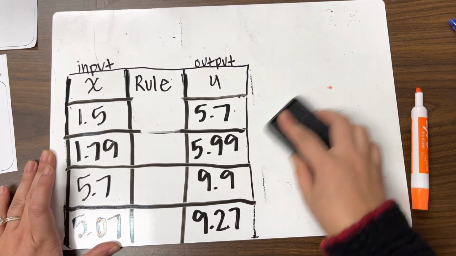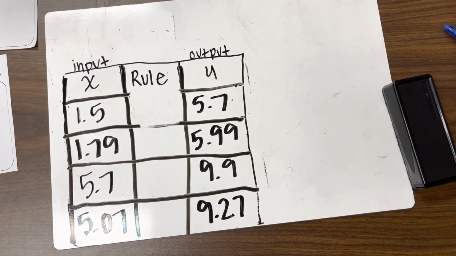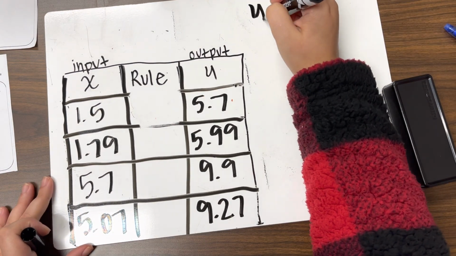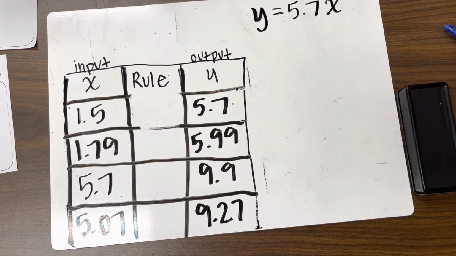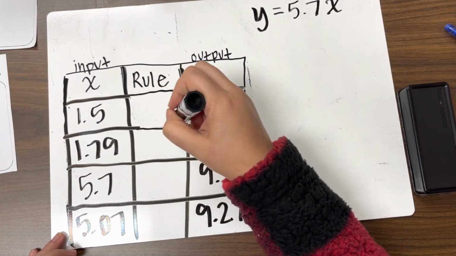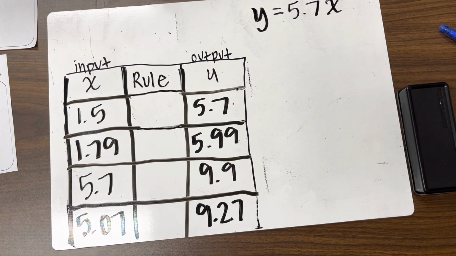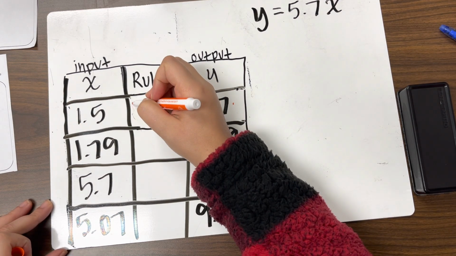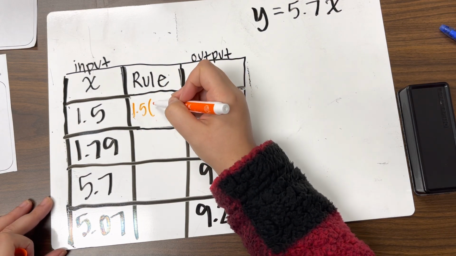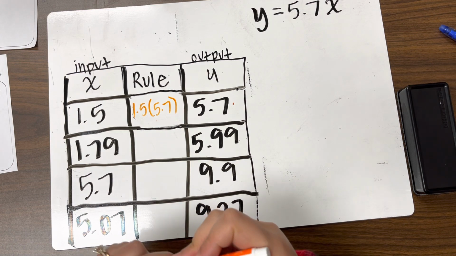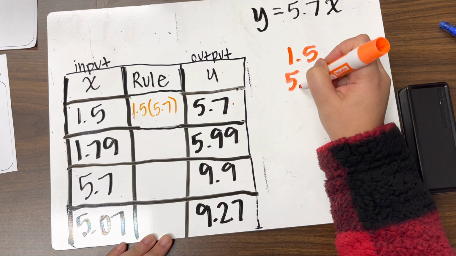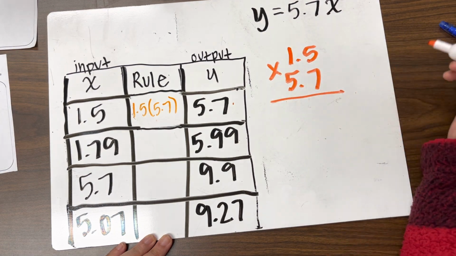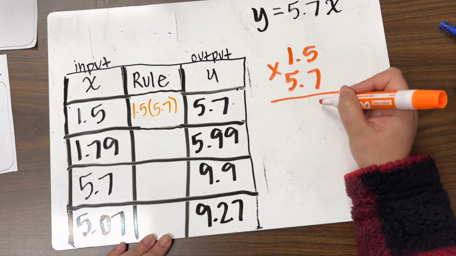So let's try the second equation that we have, which was y equals 5.7x, okay? So this time, we're gonna have to multiply 1.5 times 5.7. Let's see if that works. 1.5 times 5.7. Okay, 7 times 5 is 35.